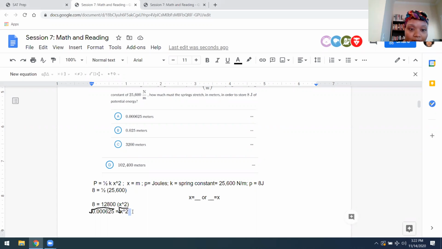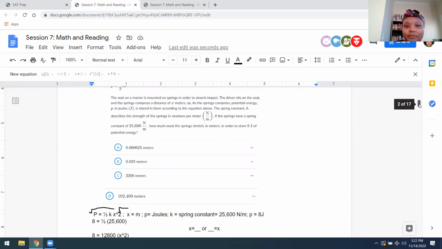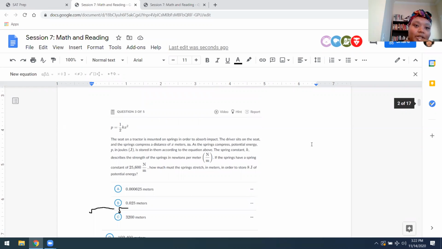Once you do that, and these are very weird numbers, you'll get that 0.025 equals x, or m, in meters. You could also have just kept it in meters if you wanted, but you would have to realize how the m and the x relate to each other within this equation.